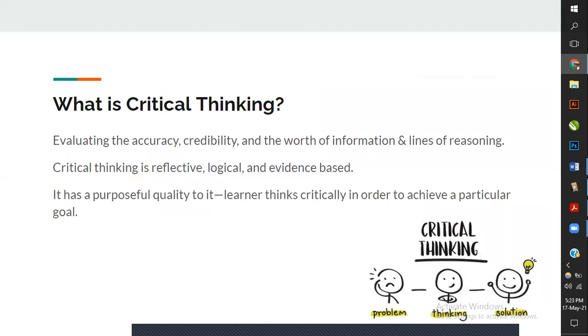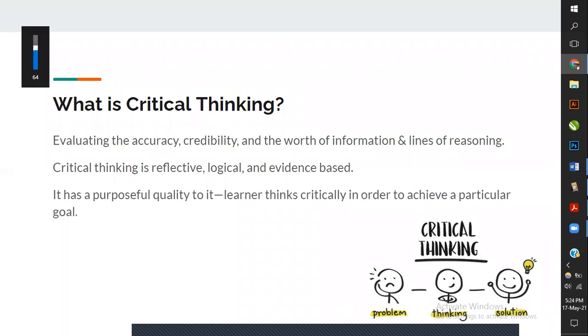Okay, so we must understand that critical thinking is the evaluation of the accuracy, the credibility, and the worth of information and the lines of reasoning found from individuals. So critical thinking is not only reflective, but it's logical and evidence-based, where these individuals will be thinking outside the box.